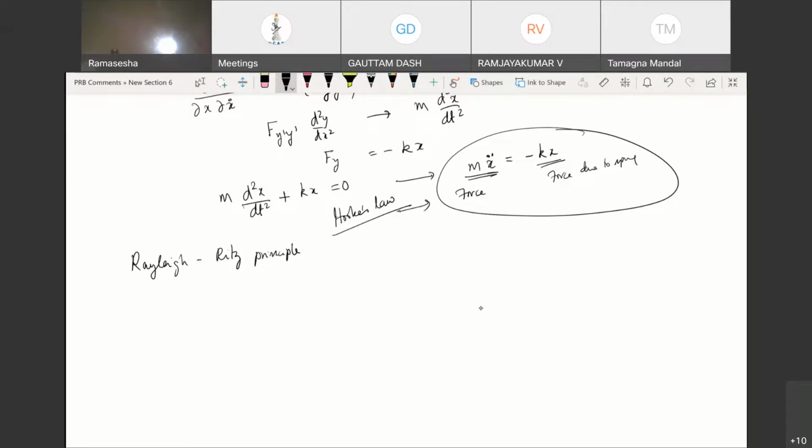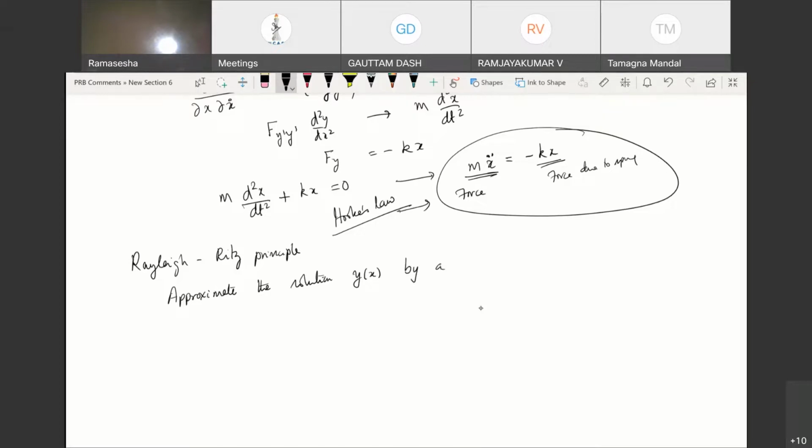The Rayleigh principle: what you are going to do is approximate the solution y of x by a series.